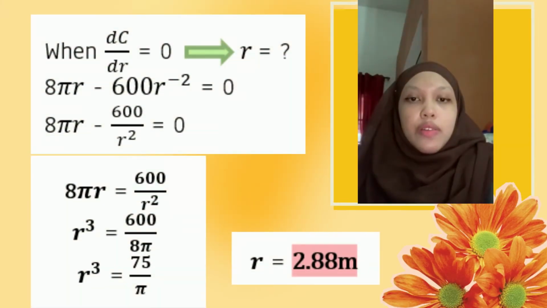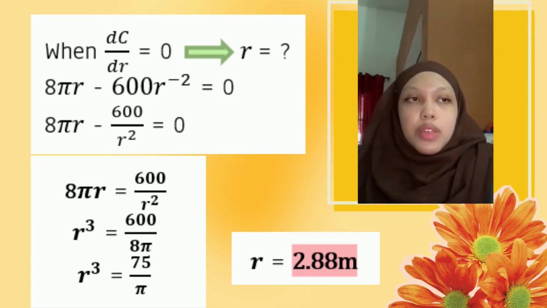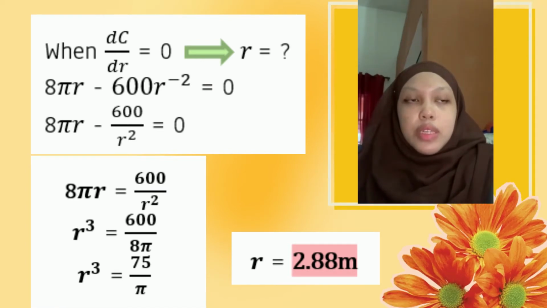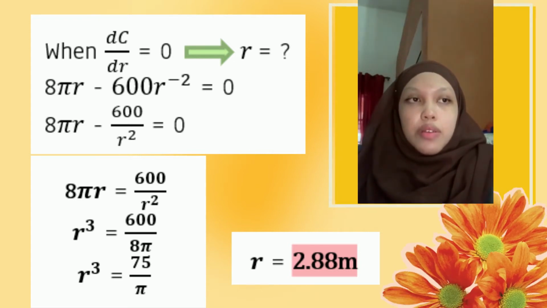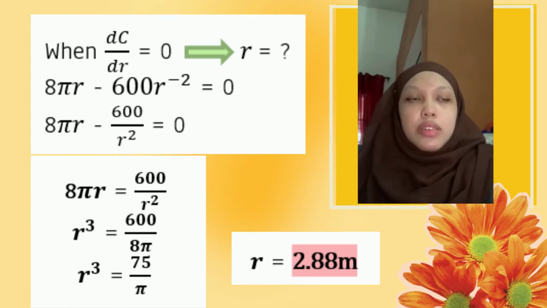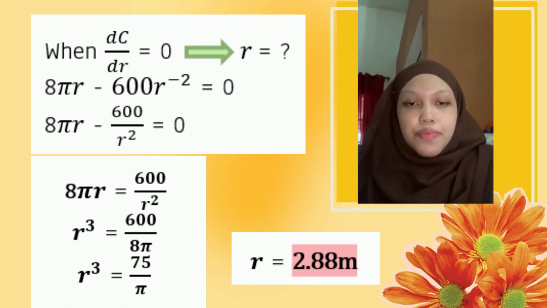We need to find the value of r. To find the value of r, we need to set dC per dr equal to 0. So dC per dr, which is 8 pi r minus 600 r to the power of negative 2, we need to equal to 0.